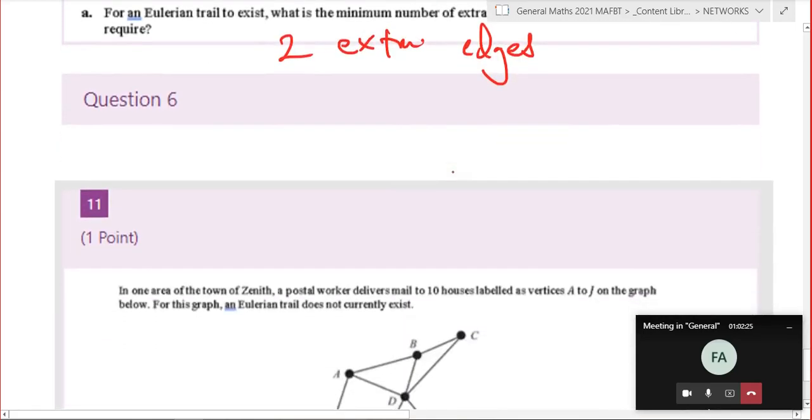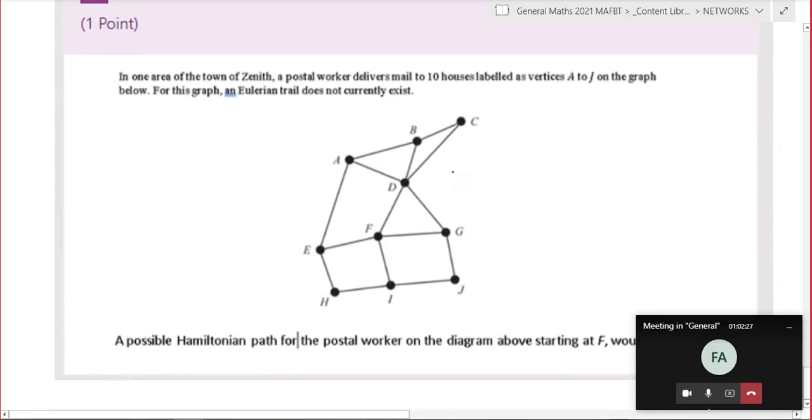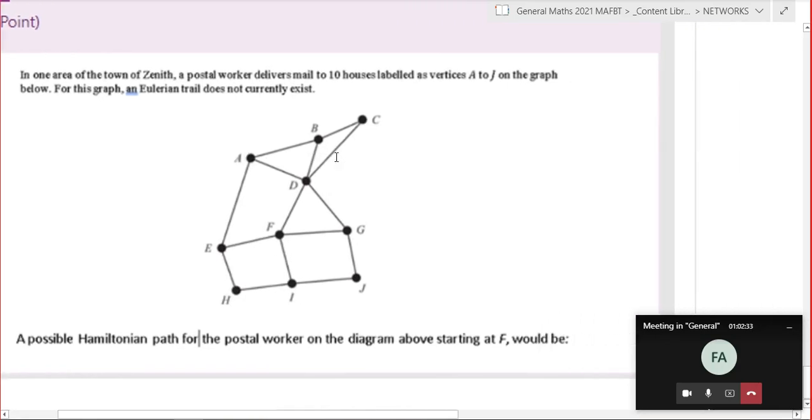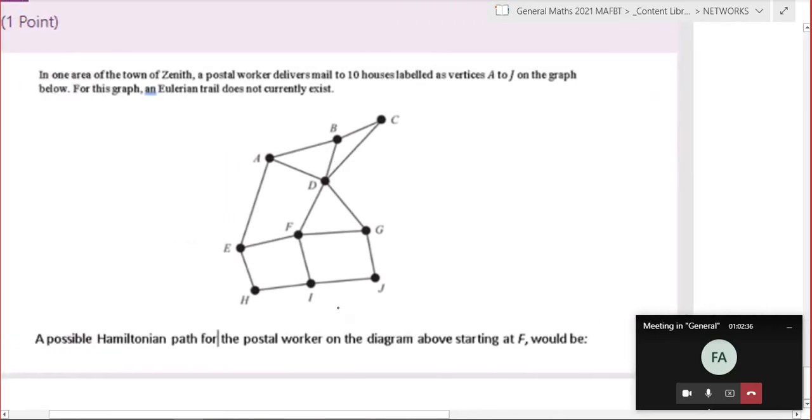All right. Next question. Same graph, but the Eulerian trail doesn't exist. However, this time, the question asks for a Hamiltonian path for the postal worker starting at F. Remember, Hamiltonian just means go through every vertex.